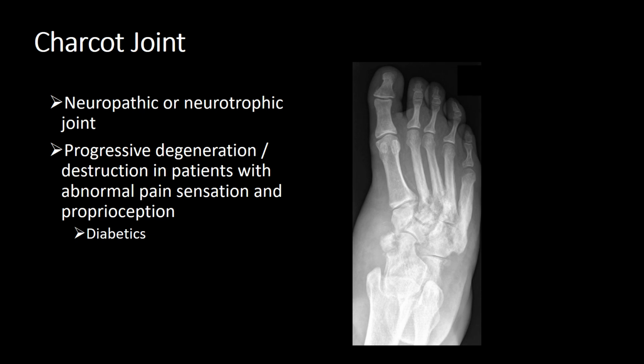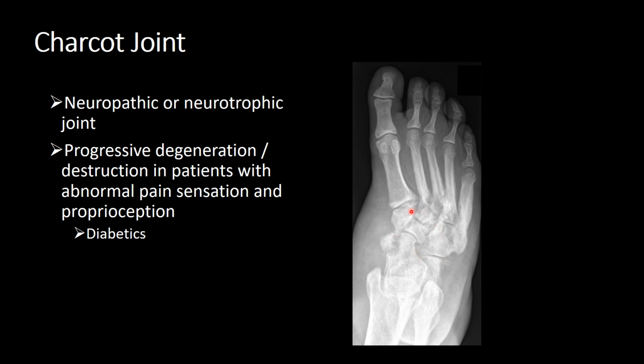Okay, finally, I'm just going to briefly touch on a Charcot joint. I've already discussed how with diabetics you quite often get peripheral neuropathy, and that can lead to osteomyelitis or a Charcot joint. So osteomyelitis is basically a disease of bone. It's infection of bone, and you tend to see these through the metatarsals and the phalanges and occasionally in the calcaneum. In contrast, a Charcot joint is a degenerative disease of the articular surfaces.